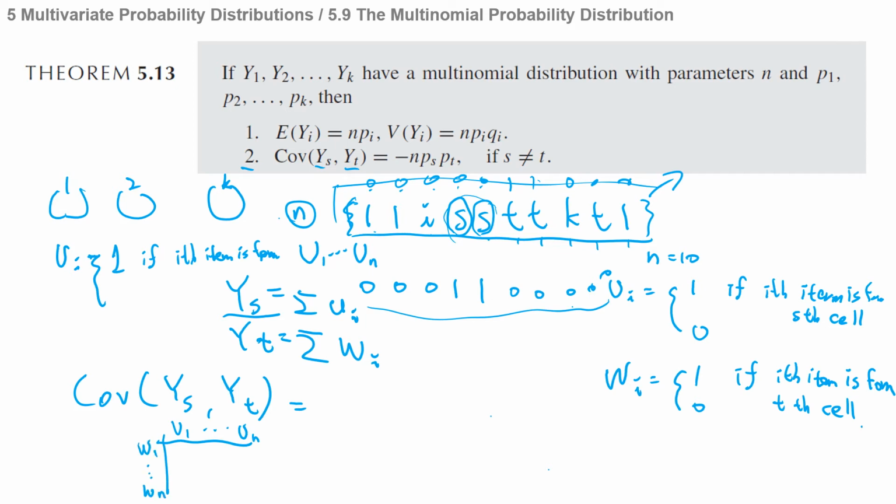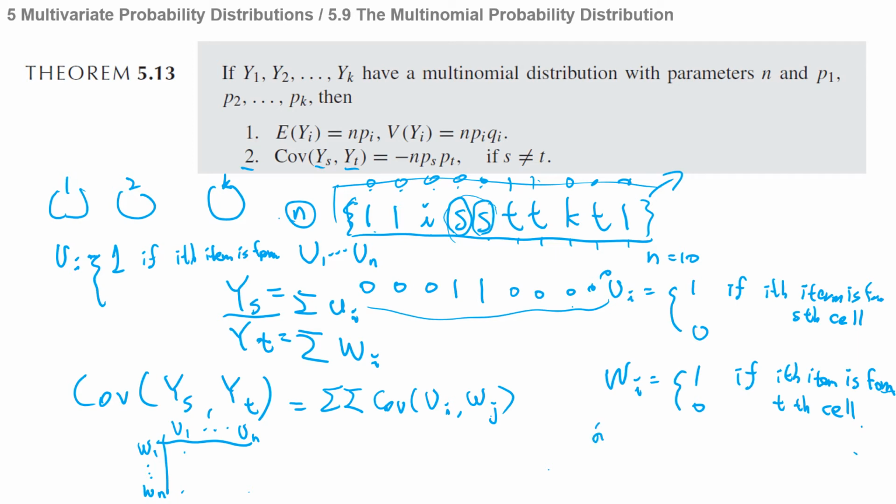So this is the sum of all the covariances of Ui and Wj.